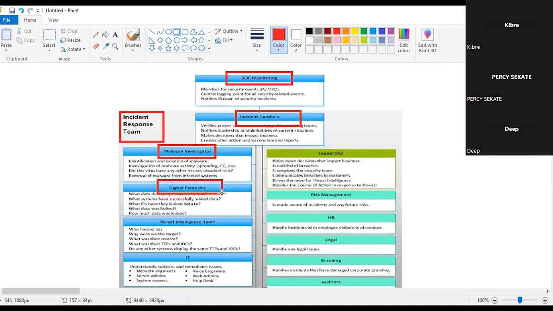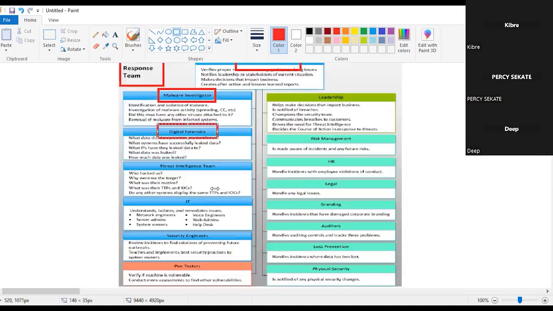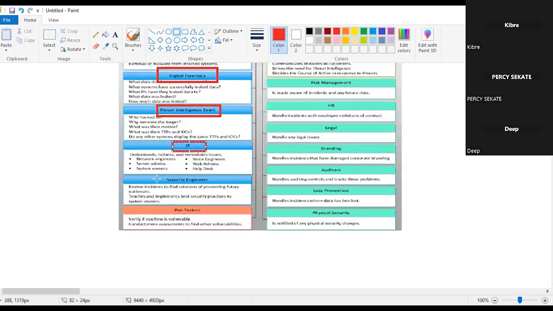Forensics comes after the attack, when it's a crime. Threat intelligence. There are pre-attack teams, IT security engineers, and this is our section, pen testers, penetration testing. So anyone holding CEH or CPT will come into this team.